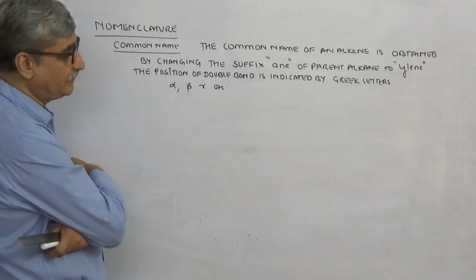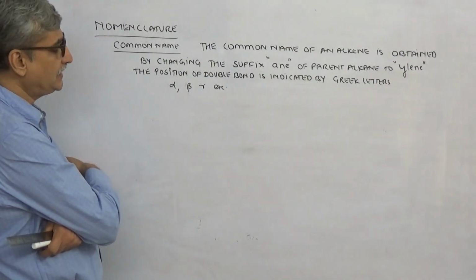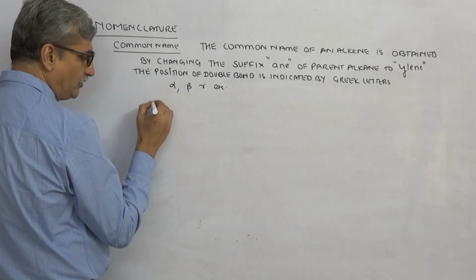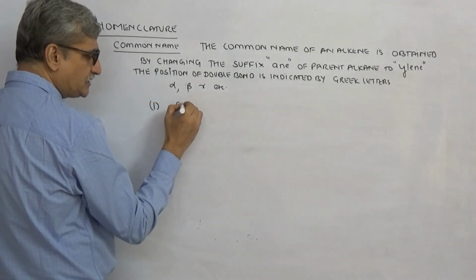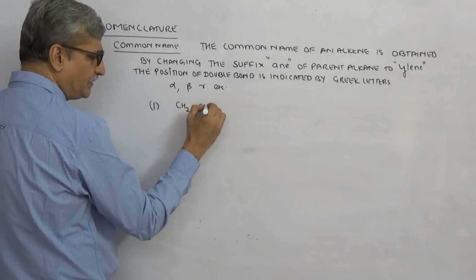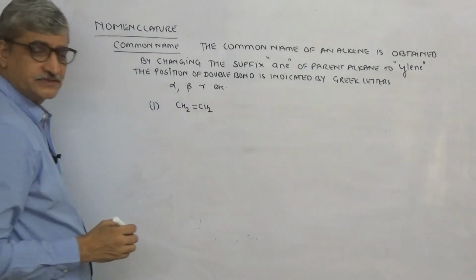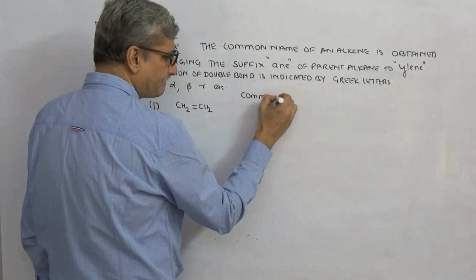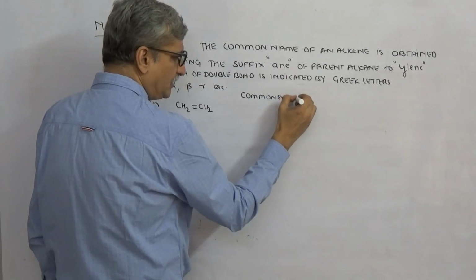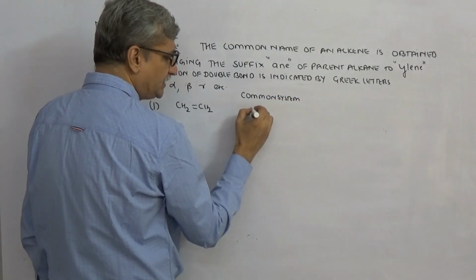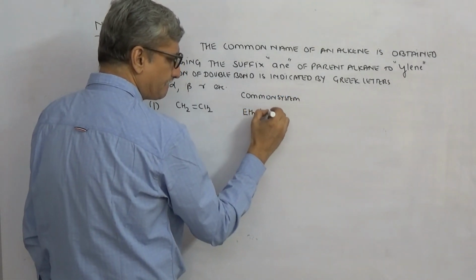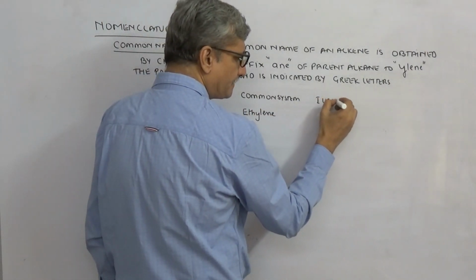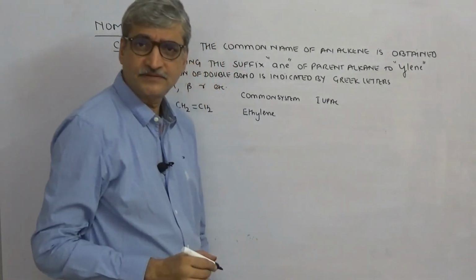And the position of the double bond is indicated by Greek letters alpha, beta, gamma, etc. So the first member of the homologous series is obviously CH2 double bond CH2. In the common system it is called ethylene. Whereas in the IUPAC system, we have root name.